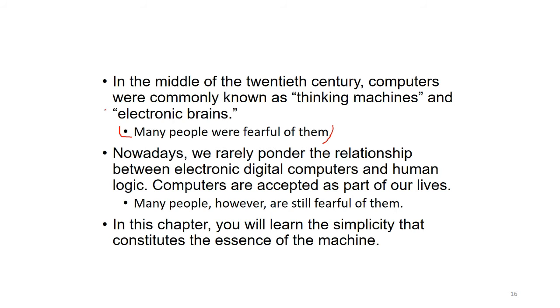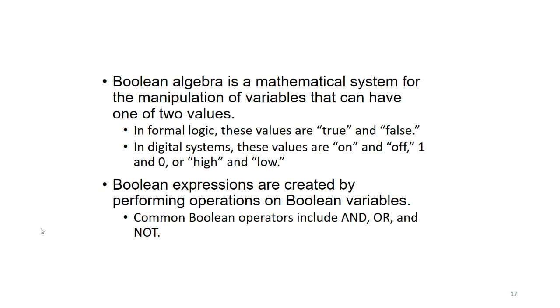In this chapter, you will learn the simplicity that constitutes the essence of the machine. So, Boolean algebra is a mathematical system for the manipulation of variables that can have one of two values. In formal logic, these values are either true or false.